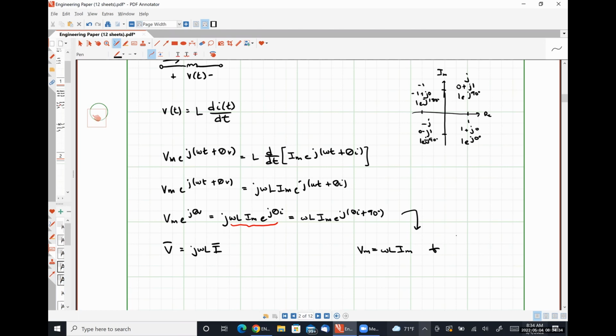And we can also see that theta V is equal to theta I plus 90 degrees. So for an inductor, the current always lags the voltage by exactly 90 degrees. We are going to do a lab next Monday that will physically prove this.